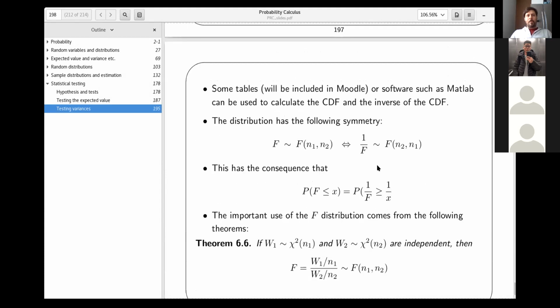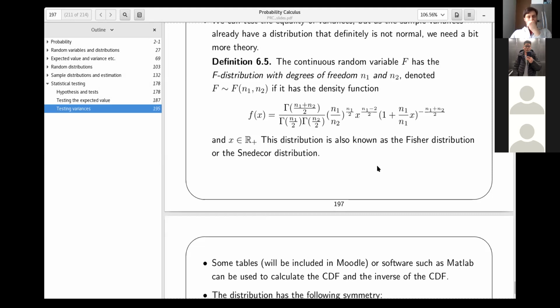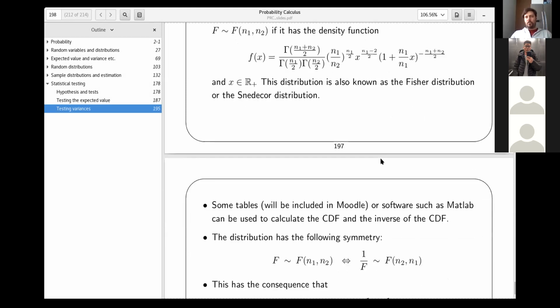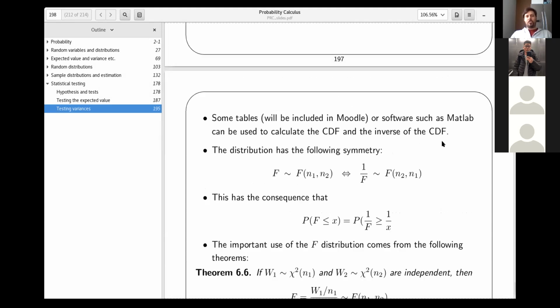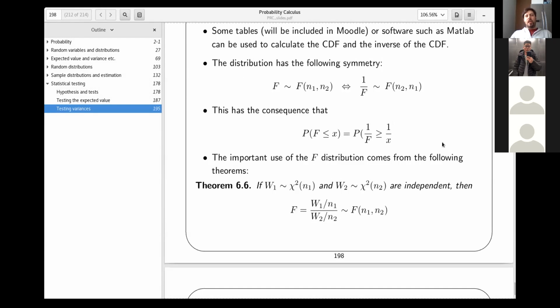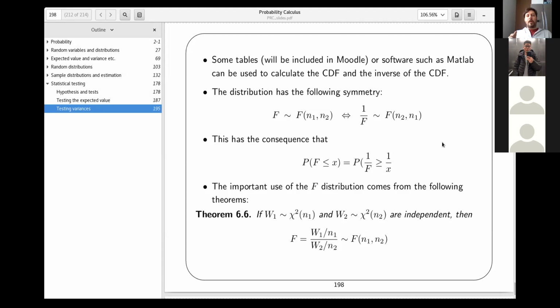It doesn't have just one parameter, it has two parameters, n1 and n2. These will be almost the sample sizes of your tests, well, n minus 1 and m minus 1. There are some tables or software such as MATLAB that allow you to calculate the cumulative distribution function of this F distribution. We're going to be needing it. The F distribution has this symmetry that F with parameters n1 and n2 is the inverse of F with n2 and n1.